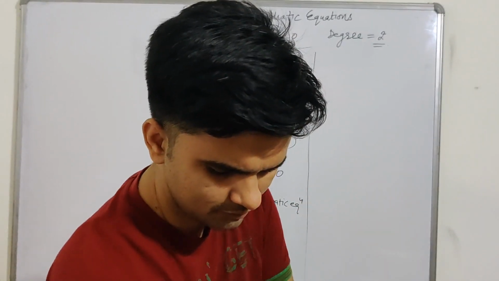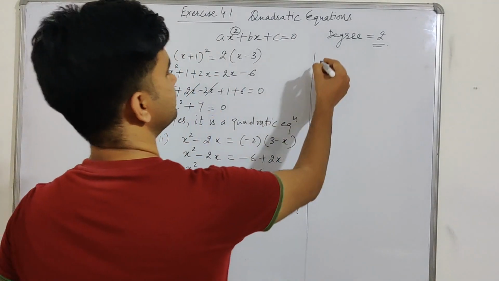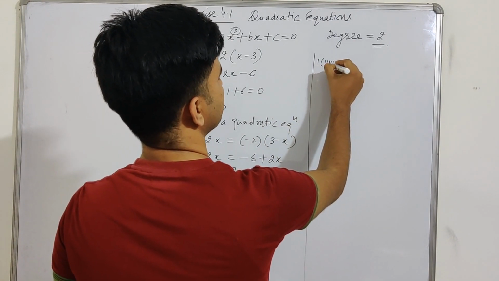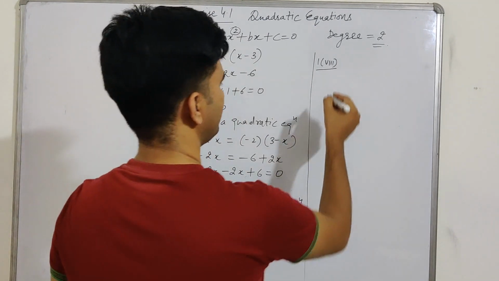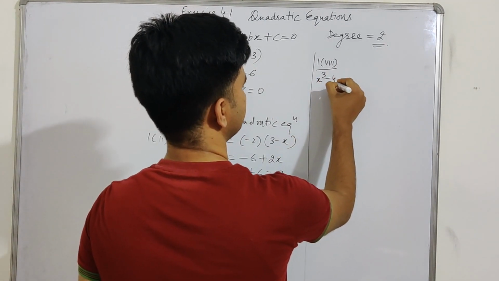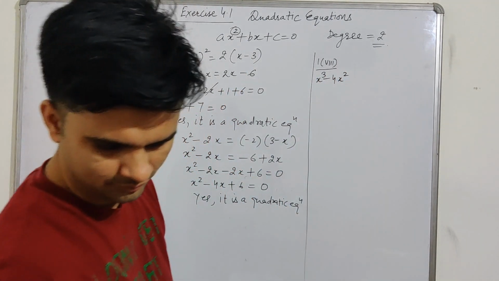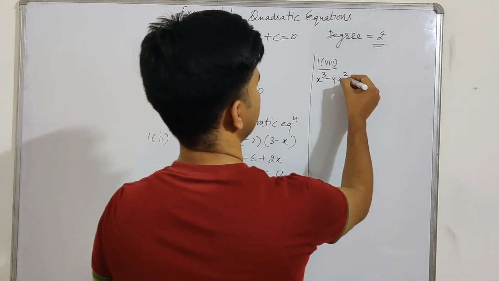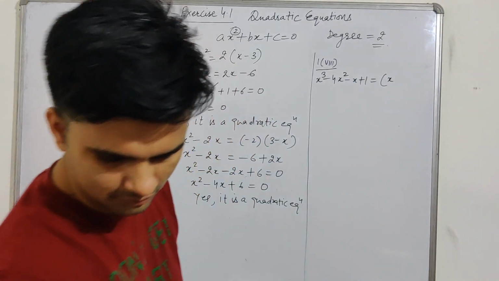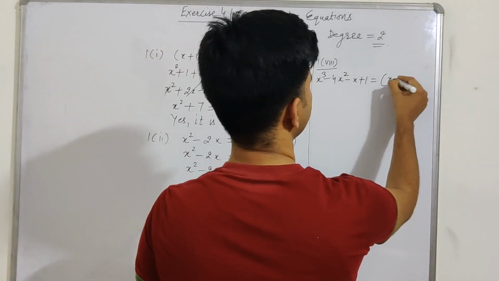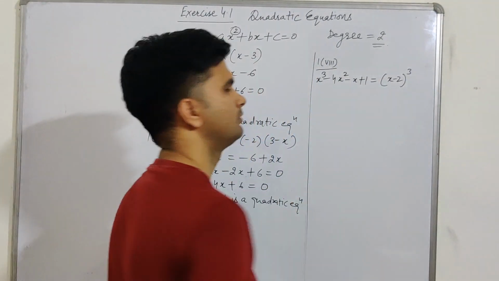Now come to the last part of this question. The question is x³ − 4x² − x + 1 = (x − 2)³.